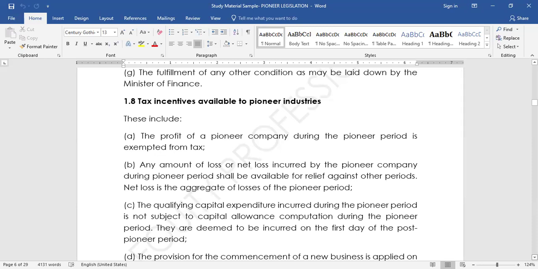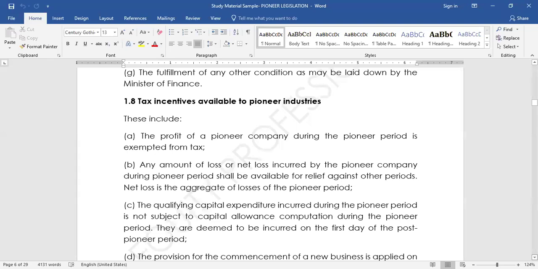In pioneer legislation, we have 3 periods: pre-pioneer period, pioneer period, and post-pioneer period. Some companies, before they apply for the pioneer certificate, have been doing business before. They are not just a new company. Such a company has a pre-pioneer period. Profit made before the pioneer period is called pre-pioneer profit, and it is subjected to tax.